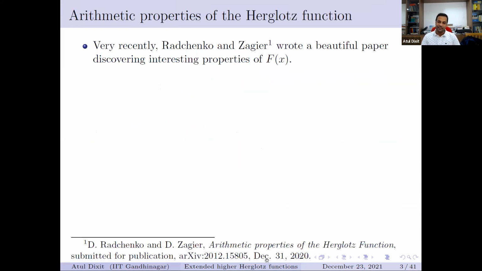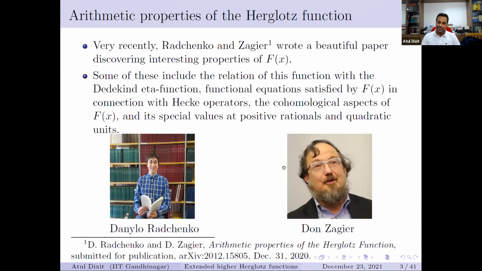Very recently, in fact, on the 31st of December last year, Don Zagier and his PhD student Danilo Radchenko both wrote a beautiful paper explaining arithmetic properties of the Herglotz function. They related it with a number of objects in mathematics, in particular in number theory. For example, they related this function with the Dedekind eta function. There were earlier functional equations satisfied by the Herglotz function that were found by Don Zagier in 1975 in a very influential paper.